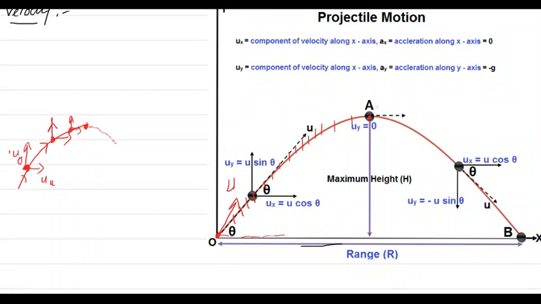But when it reaches that point, after which it will go down, it will change direction. Keep in mind that, for example, in free fall motion, when we throw an object upward and it reaches the highest point, the velocity becomes zero, then it falls down from the same point.